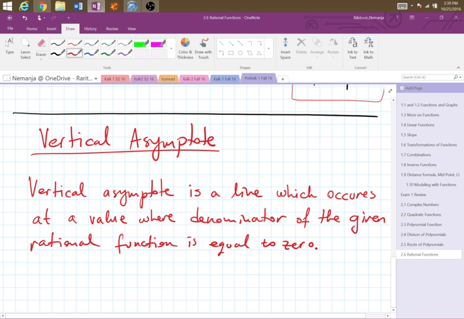You know how you can't divide by 0, right? You can't have 0 in the denominator.